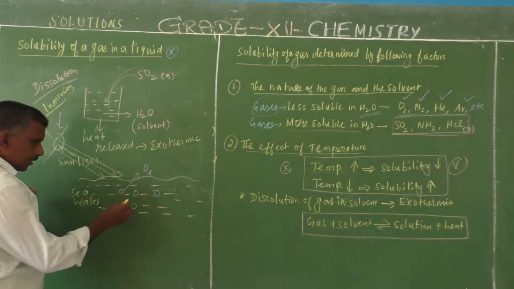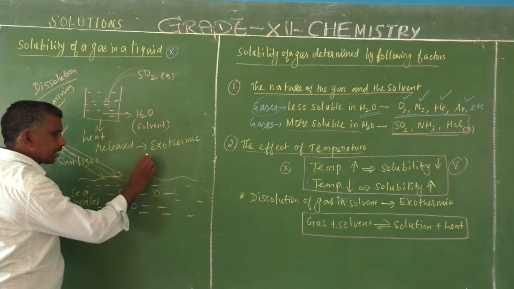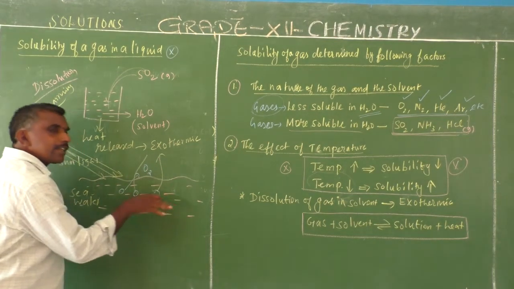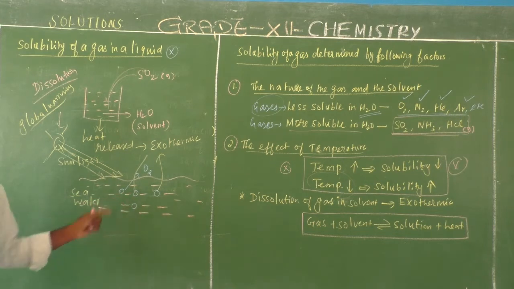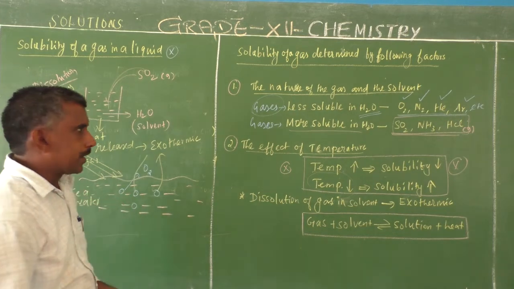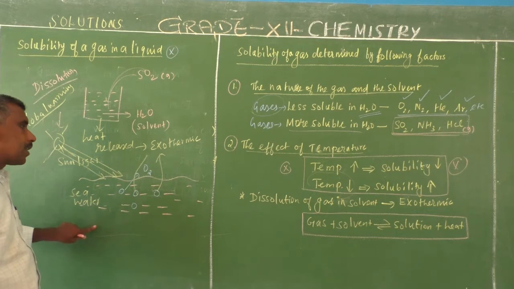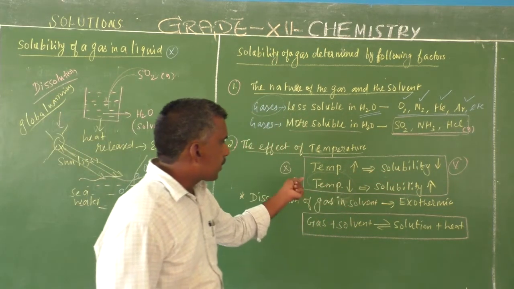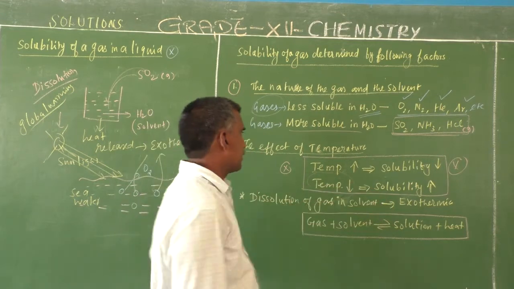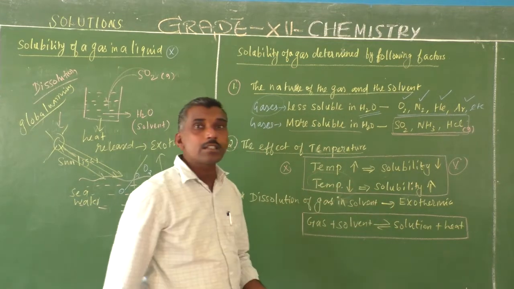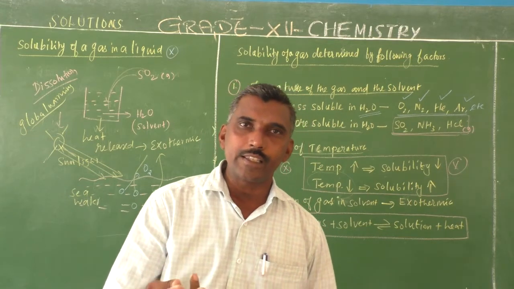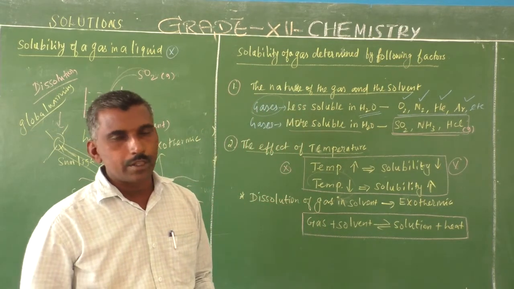What happens? This dissolved oxygen escapes from seawater. So the amount of oxygen in seawater is less. It is a problem for aquatic animals. So temperature increasing, solubility decreasing; temperature decreasing, solubility increasing. This is the effect of temperature on solubility.